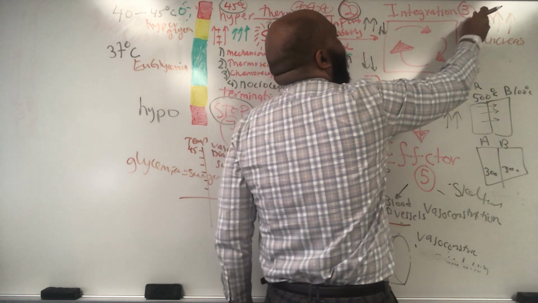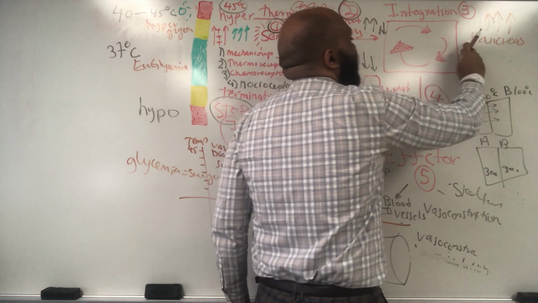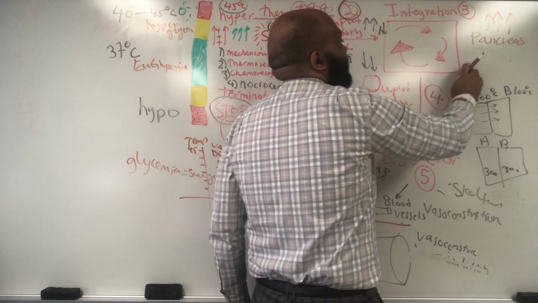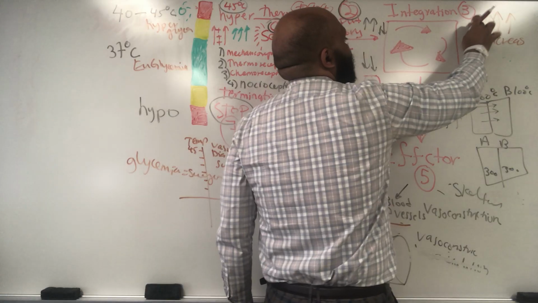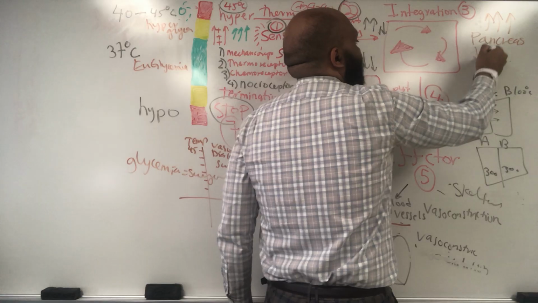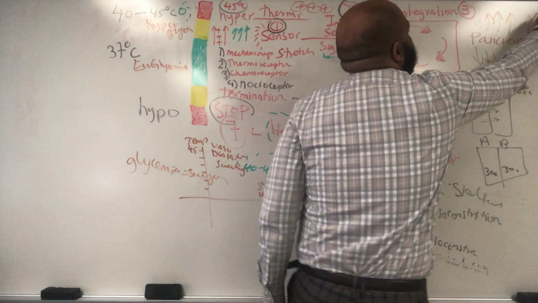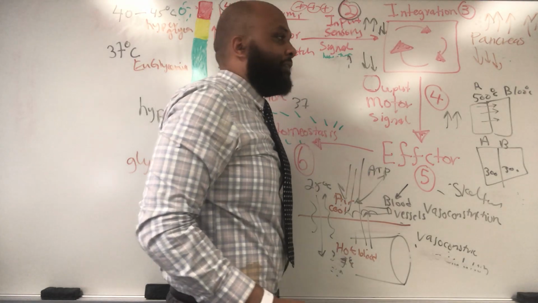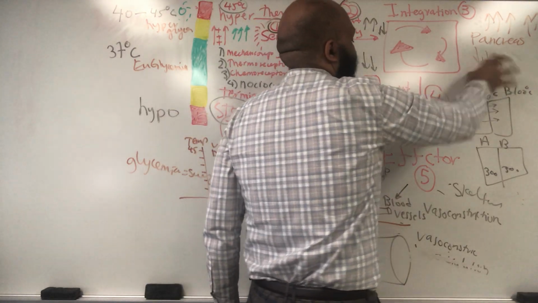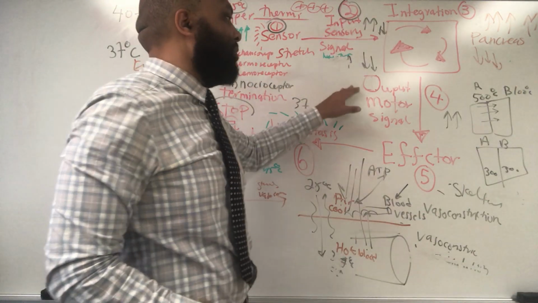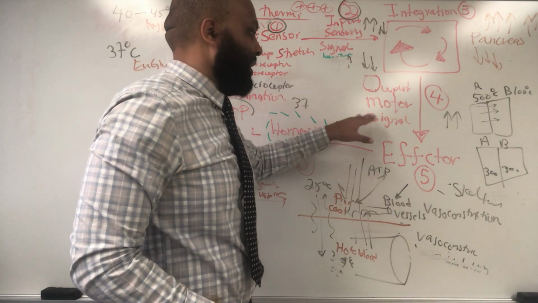Because we have high glucose. How is the pancreas going to integrate the information? Should we drop it down with negative feedback, or increase it even more with positive feedback? Negative feedback. So it's going to initiate negative feedback by sending an output motor signal to the effector.